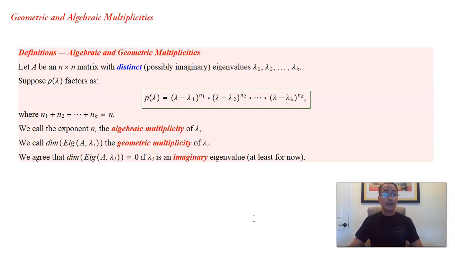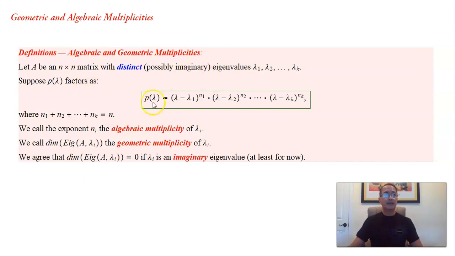So let's begin by defining the concepts of algebraic and geometric multiplicities. Suppose that A is an n by n matrix with distinct eigenvalues, lambda 1 through lambda k, and we are going to allow the possibility that the eigenvalues are imaginary. In other words, they're not real numbers.